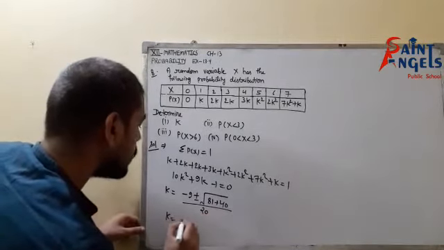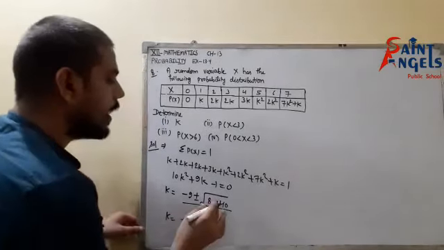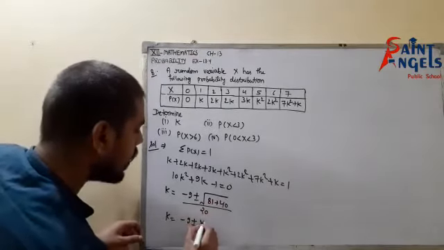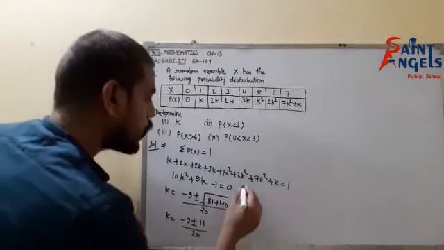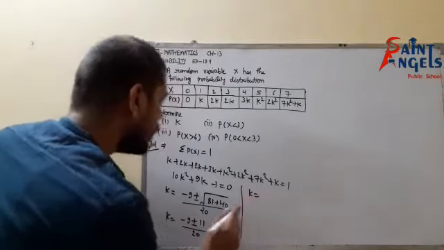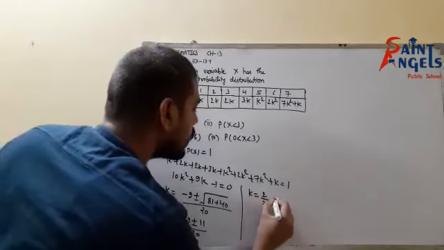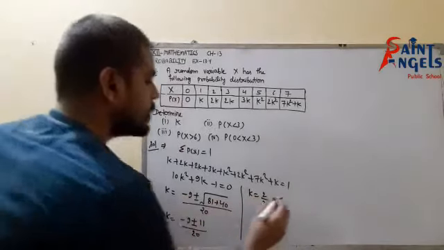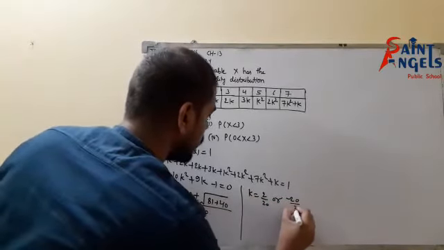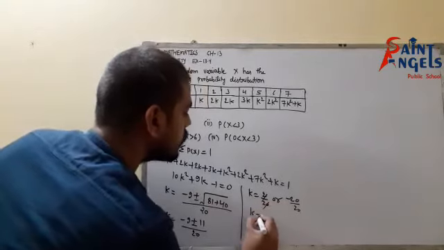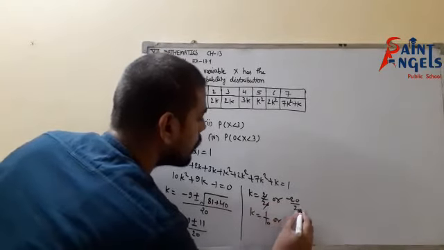So k would be minus 9 plus minus the root of 121, which is 11, upon 20. So k equals either minus 9 plus 11, that is 2 upon 20, or minus 9 minus 11, that is minus 20 upon 20. So k is either 1 by 10 or minus 1.